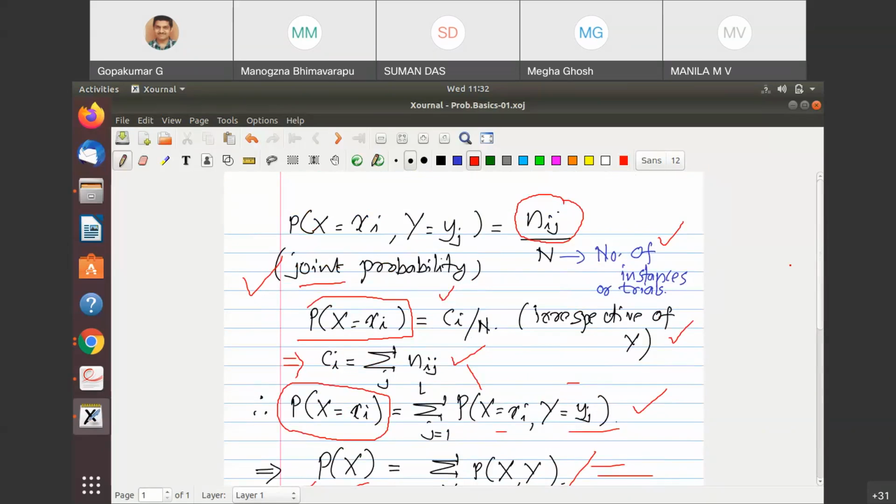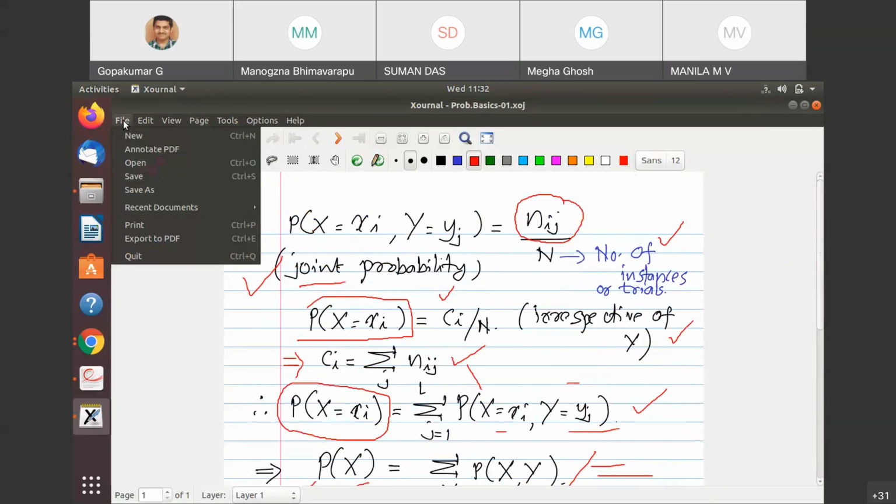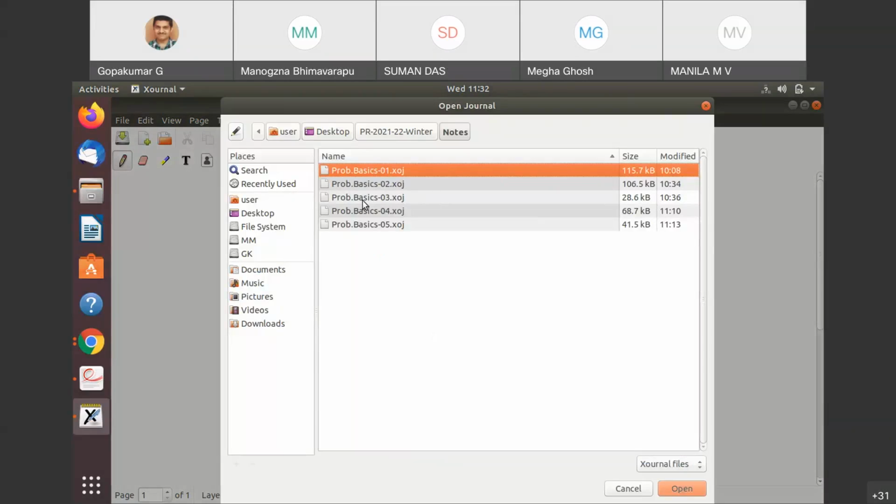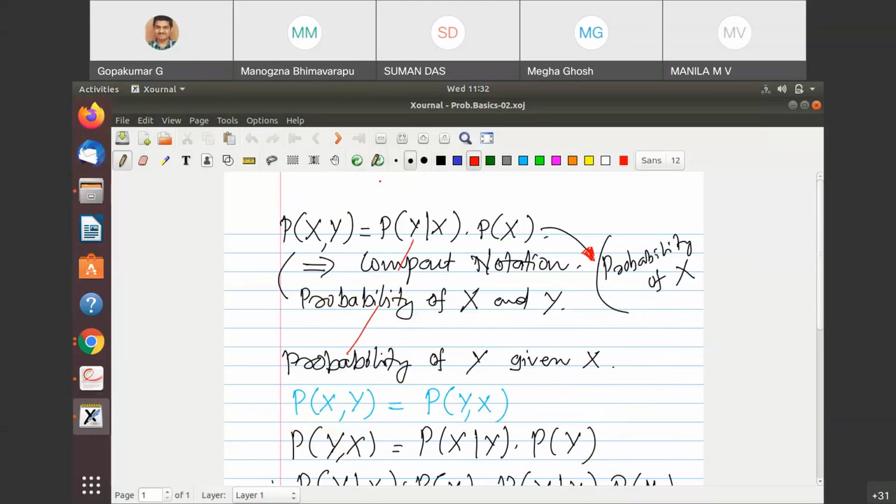Now we will go to the second one. This is a compact notation, so the product rule can also be represented in a compact fashion.